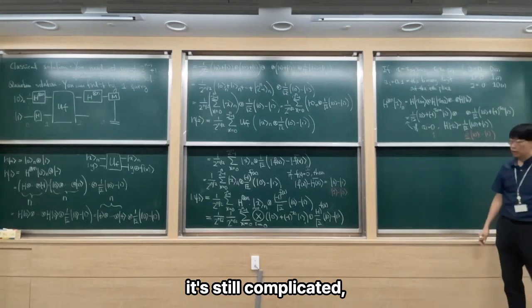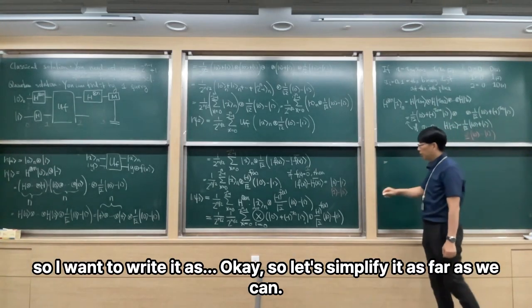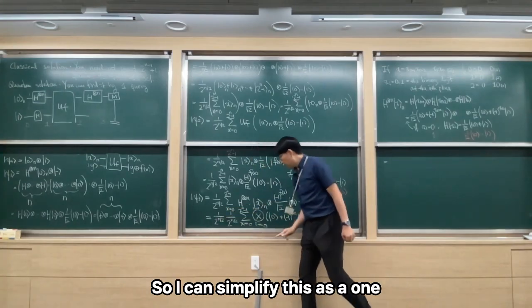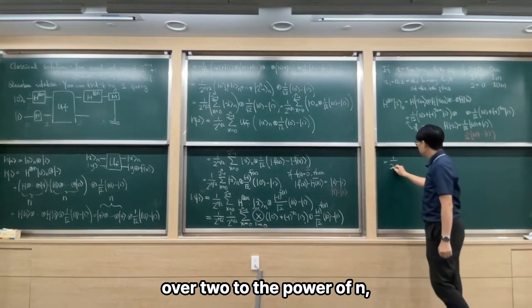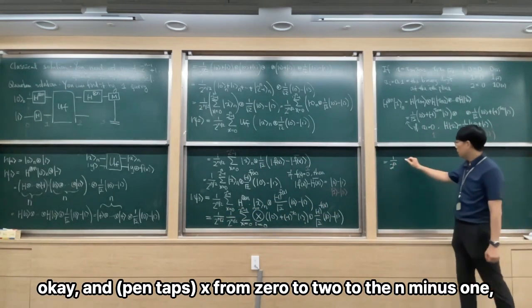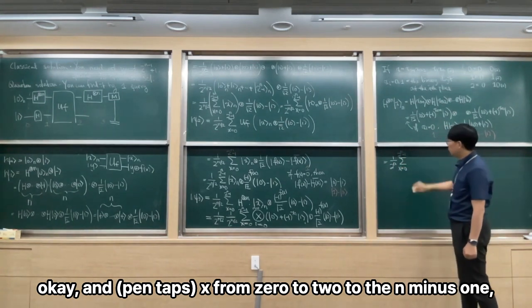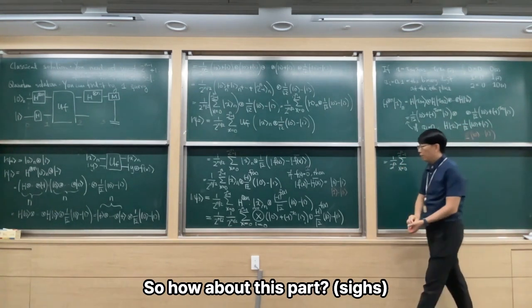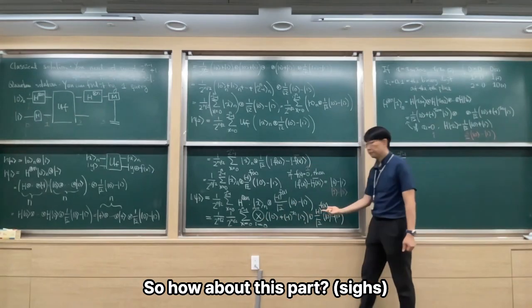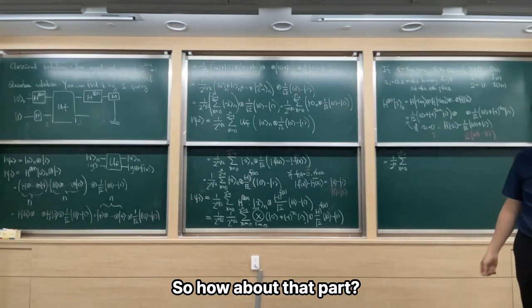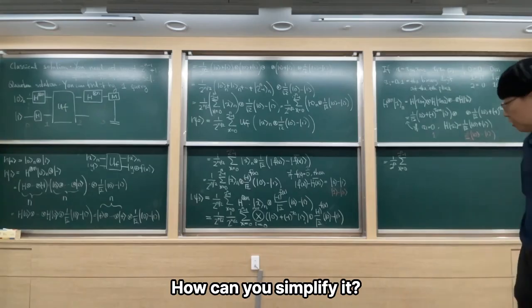Well, it's still complicated, so let's simplify it as far as we can. I can simplify this as 1 over 2 to the power of n, and x from 0 to 2 to the n minus 1, but that's not changing. So how about this part? How can you simplify it?